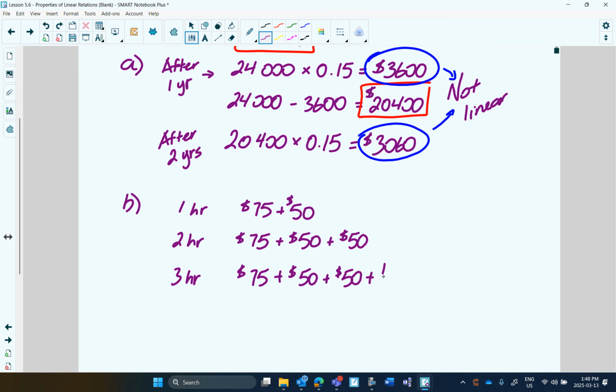How much is it going up by every hour? Yep, up by 50. So every time it goes up by 1 hour, the cost goes up by $50. That's the very definition of linear. Cost goes up $50 for every hour.